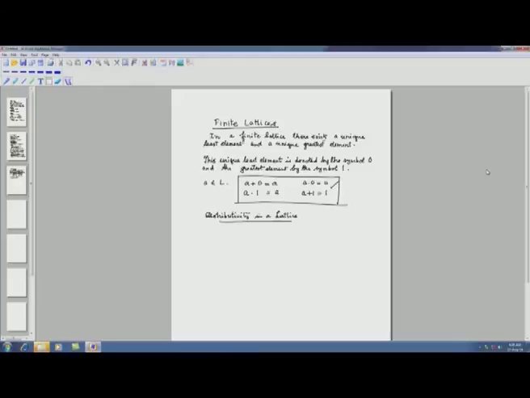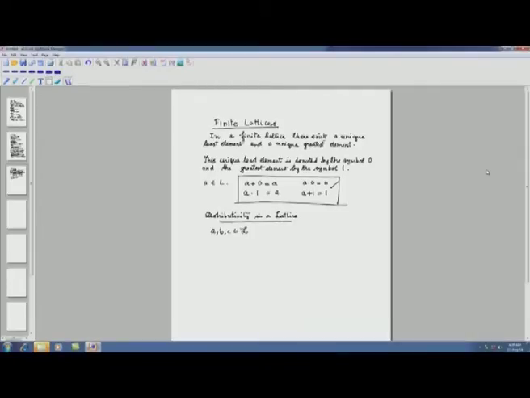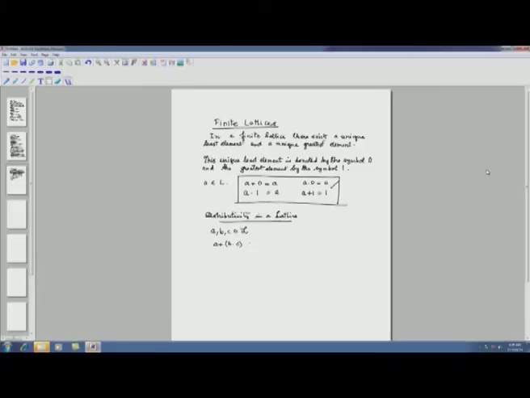Now, a lattice is called a distributive lattice if for any A, B, C in that lattice, and I must mention here that A, B, C need not be distinct, we must have A plus B dot C equal to A plus B dot A plus C and A dot B plus C equal to A dot B plus A dot C.